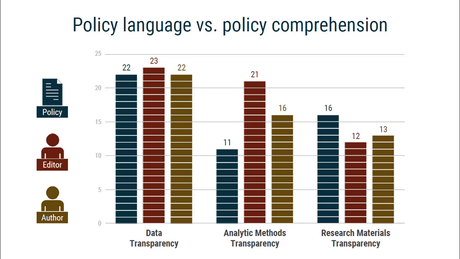They also weren't too far off when it came to research materials transparency requirement, which is the far right. Though this graph does show that there were more cases in which the policy indicated a research materials sharing requirement than what editors and authors thought was in place.